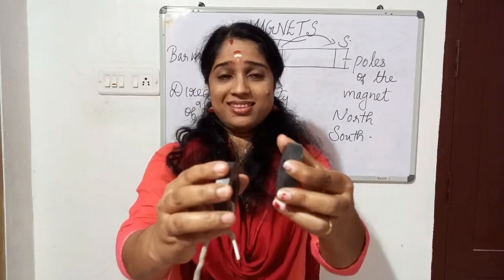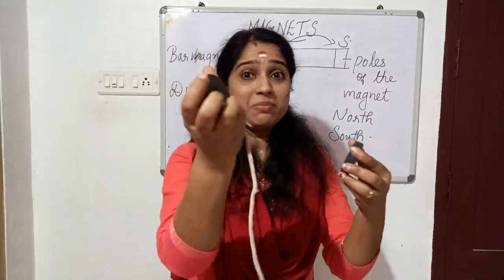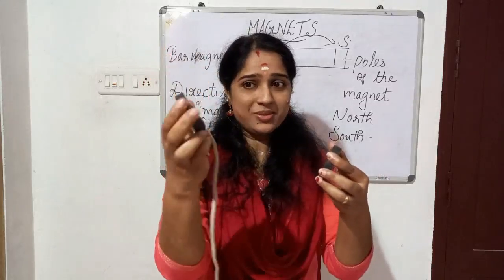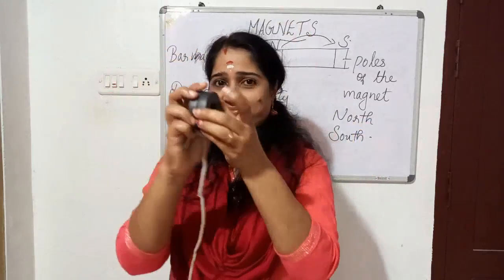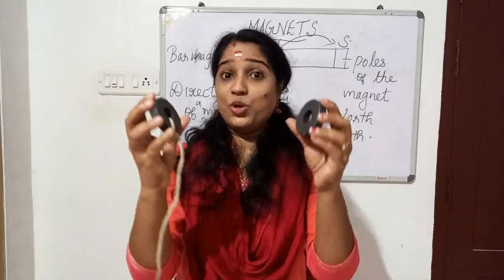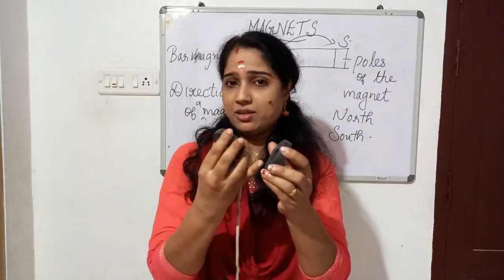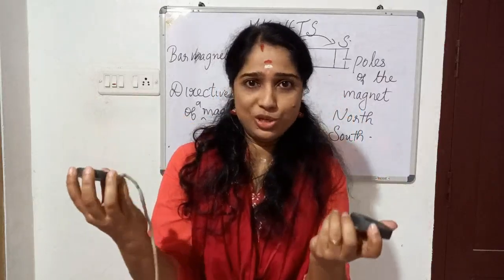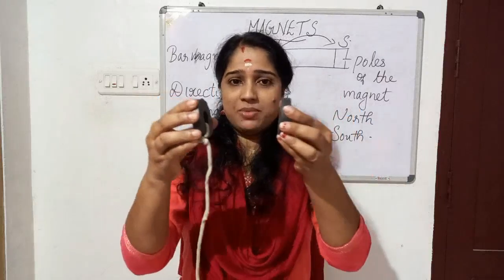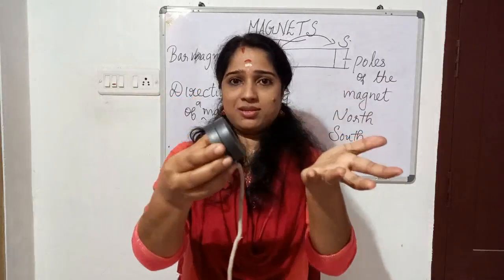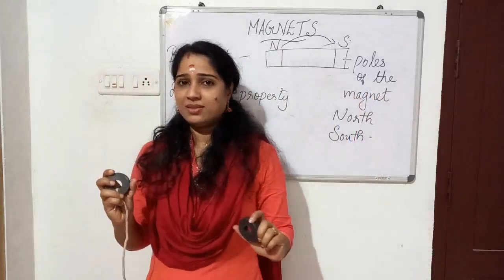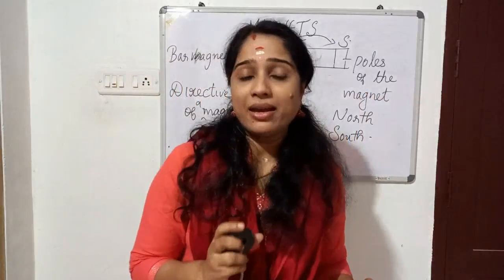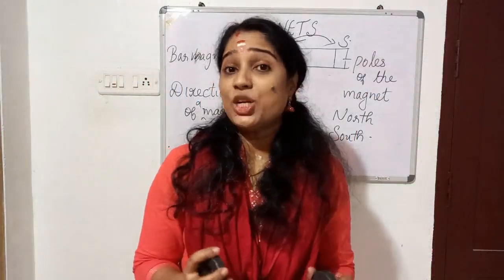Then I'm turning to the opposite side. Just see what happened. I want to handle it carefully, otherwise if my finger touches here, it gets pinched. So see, I'm closing it very carefully. From this you could understand that one rule is there for magnets to attract each other.